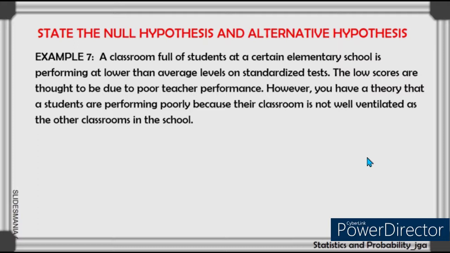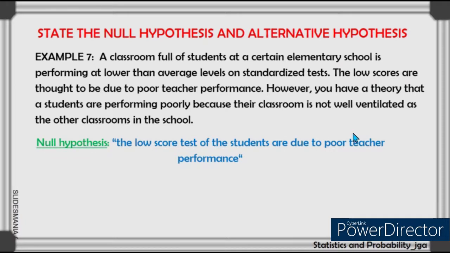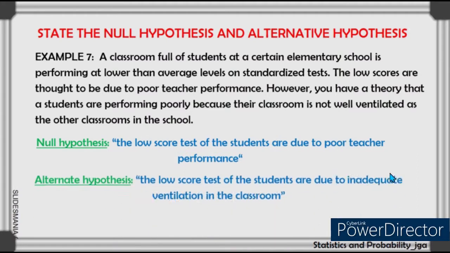So if we're going to identify the null hypothesis and the alternative hypothesis, we have the null hypothesis is the low test scores of the students are due to poor teacher performance. So if we're going to reject the null hypothesis and you have your theory, that would be the alternative hypothesis. So the low test scores of the students are due to inadequate ventilation in the classroom.